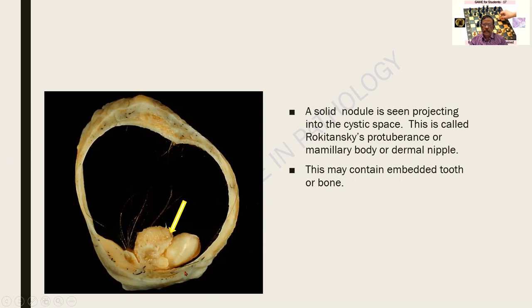This solid nodule is called the Rokitansky's protuberance or the mammillary body or the dermal nipple. The importance is it can contain elements such as an embedded tooth or fragments of bone or cartilage. Therefore, when we gross, we will have to study this particular area to see the representations from all the three germ cell layers.